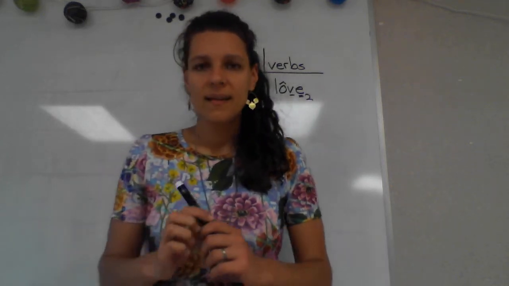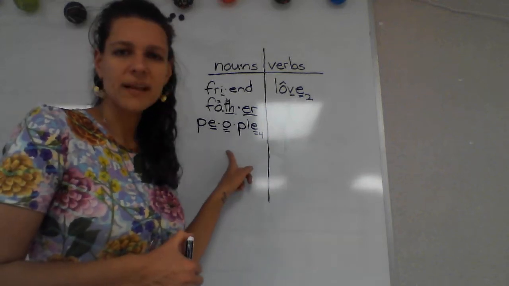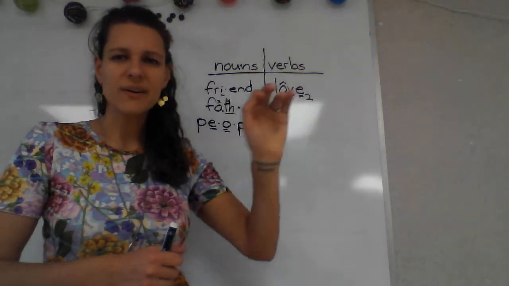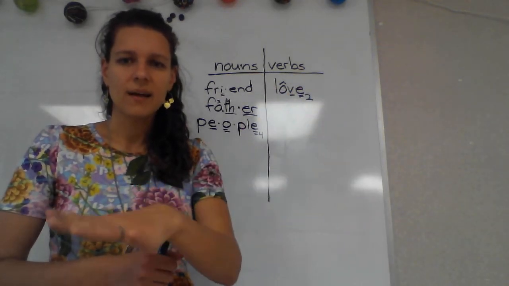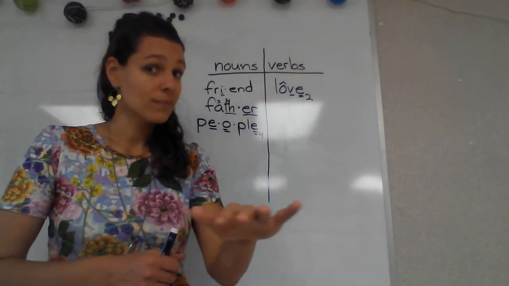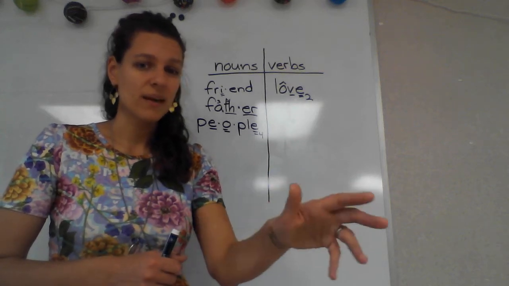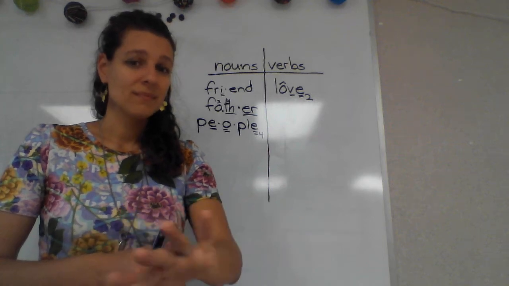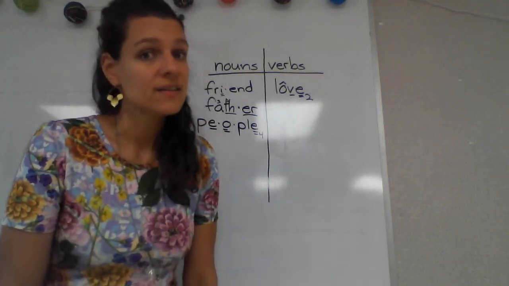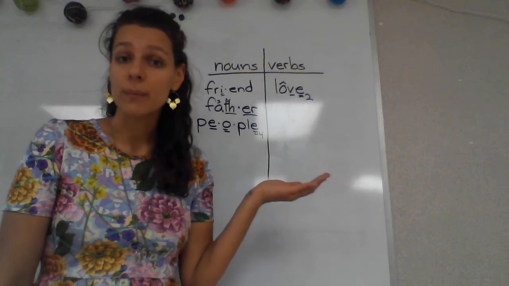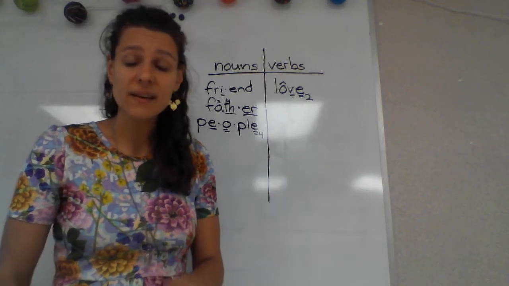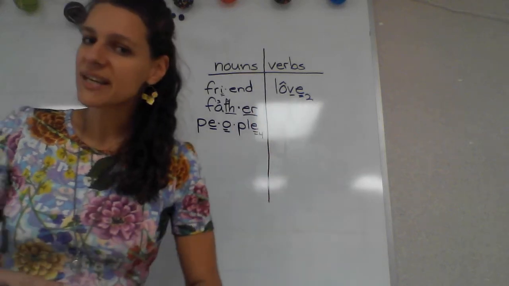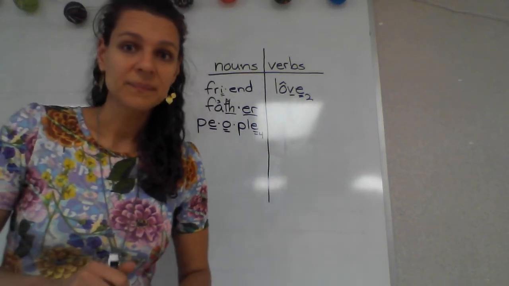Feel. Is feel a person, place, or thing, or is it an action? Put out your hand and pretend that you're feeling a bunny's fur. Is it a person, place, or thing, or is it an action? Nice job if you said action. So is feel a noun or a verb? Excellent. Feel is a verb. So we're going to write it in our verbs column. Which E do we use in feel?